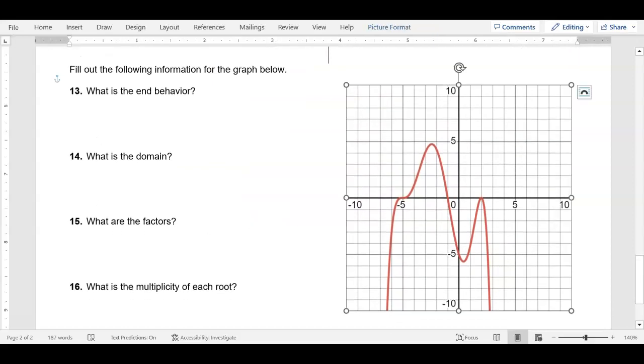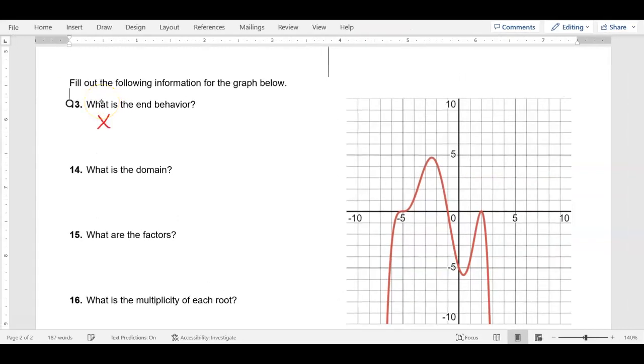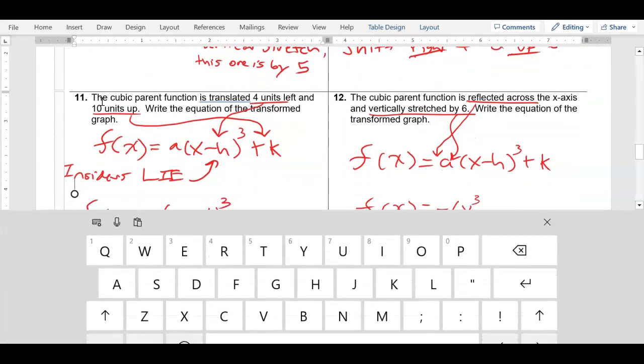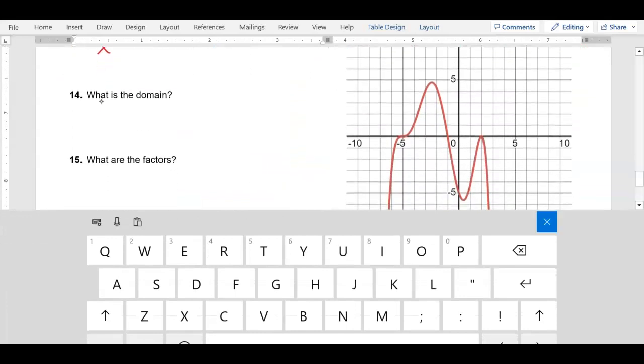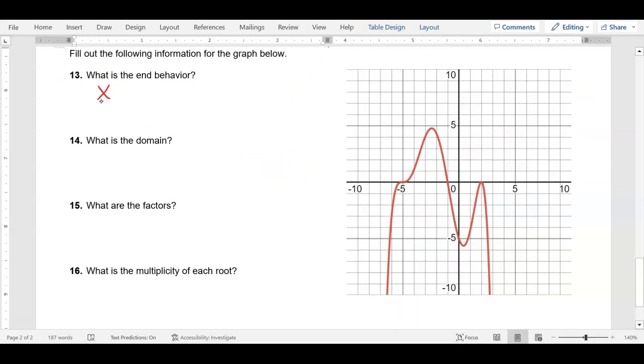All right, which is the following for the graph? What is the end behavior? Okay, now, so as x approaches infinity, so this means to the right. As x goes to the right, we see it's going down, down, down, down. Y is going towards negative infinity.